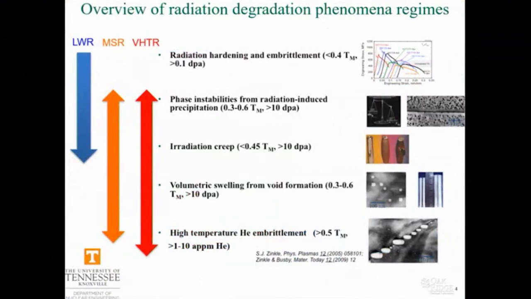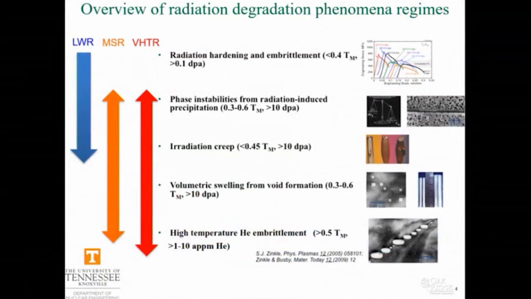Another way to look at this is in terms of the 5 key general radiation damage degradation phenomena that occur. For light water reactors running at lower temperatures, we're interested in things like radiation hardening and embrittlement and phase instabilities and so forth.